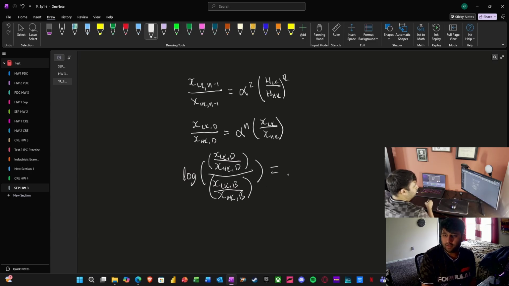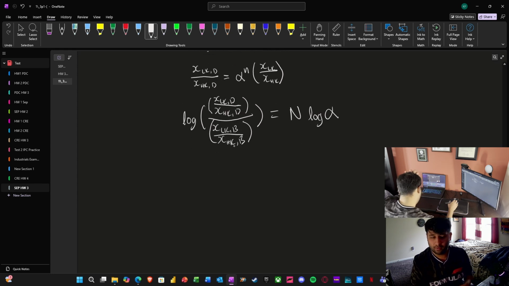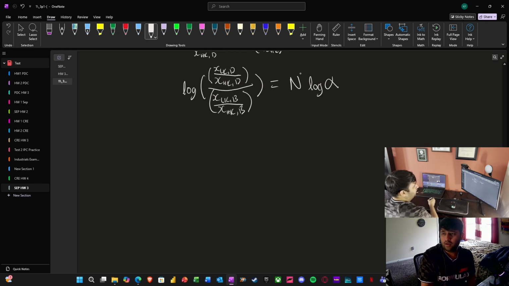This comes out to n log of alpha. And what we're essentially looking for to finalize the derivation of our Fenske equation is to get this n isolated.